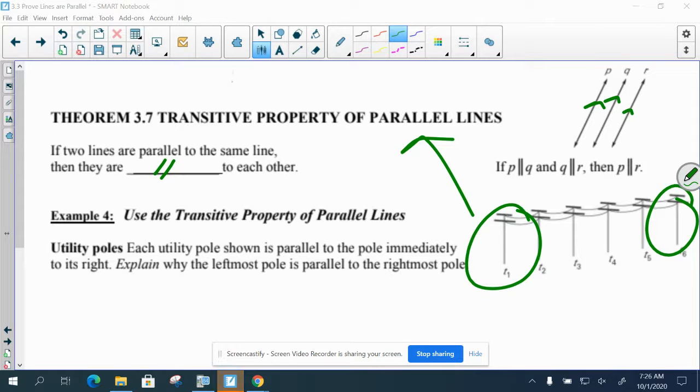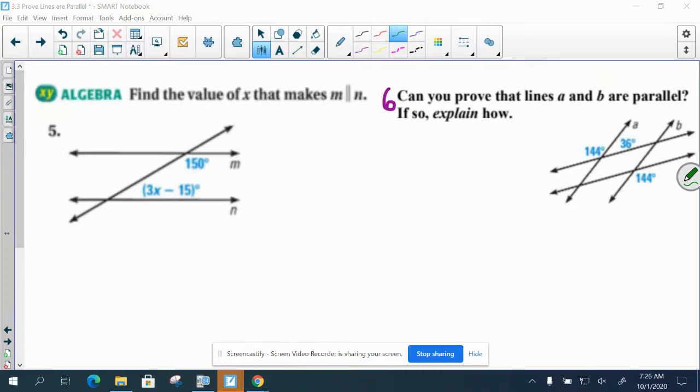Let's do maybe just a few more examples, and then the rest will be in your assignment for Edulastic. Find the value of x that makes line M parallel to line N. We're given two angles, this one and that one. They are consecutive interior angles, and they are supplementary.